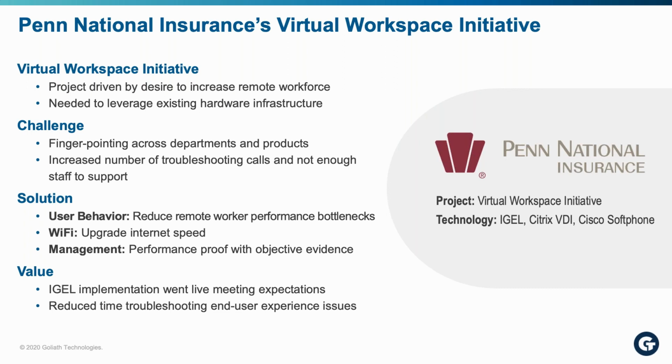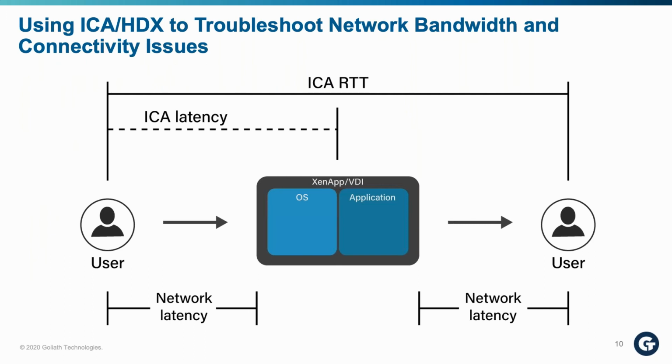Oh, that's a good question. And I can flip back over to that slide and talk about that, because the ICA protocol is going to be collecting all of this information regardless of if it's a full desktop OS or thin client or fat client, zero client.